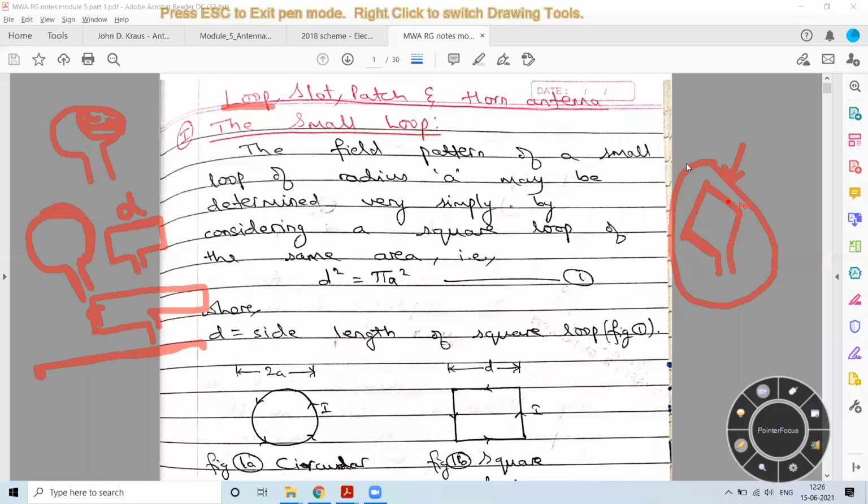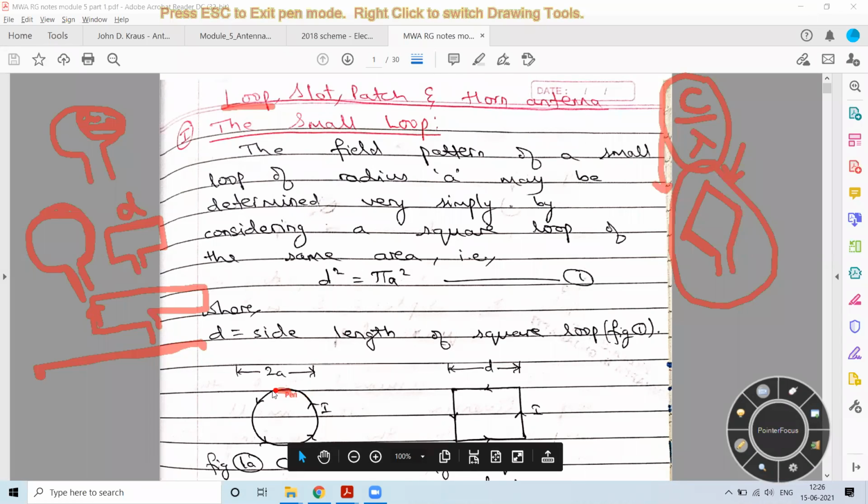That part also we'll be discussing, in which we have C by lambda. Based on this value, I classify the loop as a small loop or a large loop, where C is the circumference.